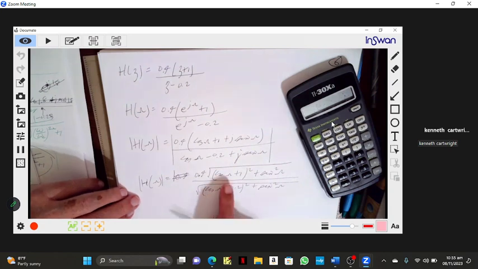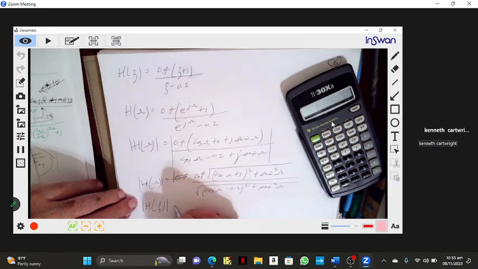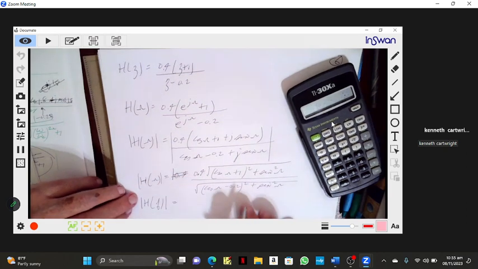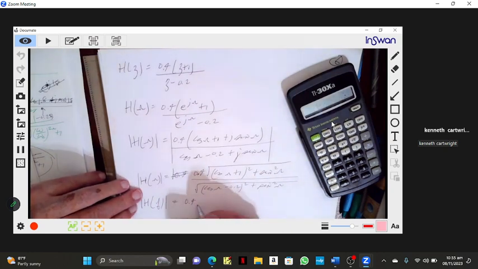So how do I change this omega to f? So the magnitude of H of f now is what? How do I make that omega f?